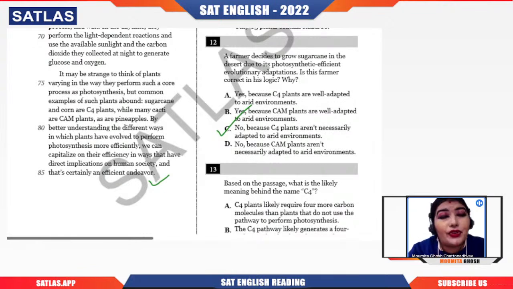But if you try to bring a similar breed to our region, where it is a totally humid, totally hot climate, the dog cannot survive, because it is not well adapted to this region. Similarly, C4 plants cannot adapt in the desert region, but CAM plants can survive because they are well adapted to the desert and the hot and arid climate. So I hope I am clear with all my logic and points. Okay, so let us go to question number 13.